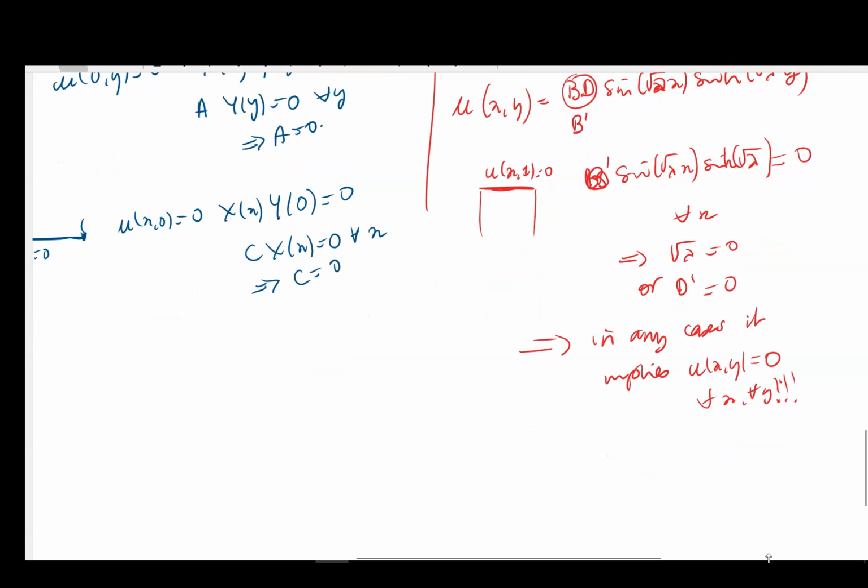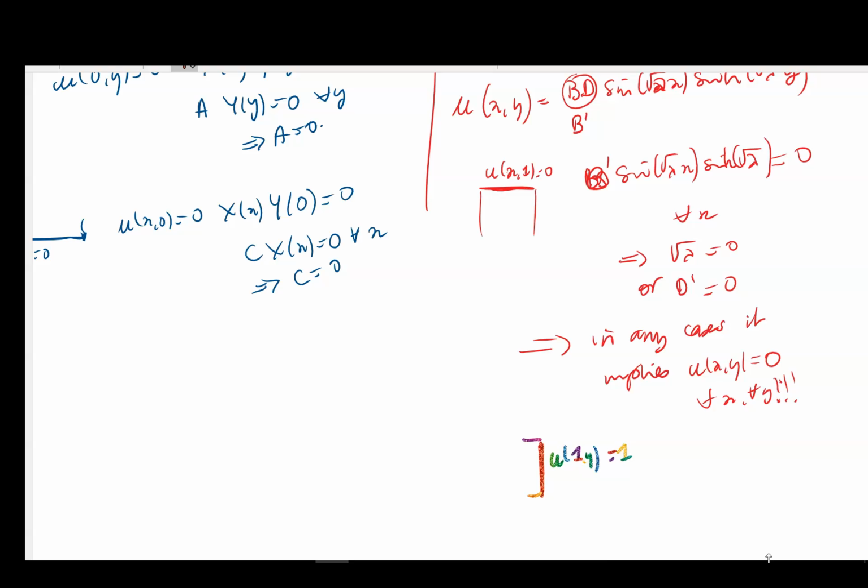That's a problem because I've got the last boundary condition, the one that says it's kept at 1 on the right side, so u of 1, y is equal to 1. I will never be able to fit that one if my solution is always constantly equal to 0.